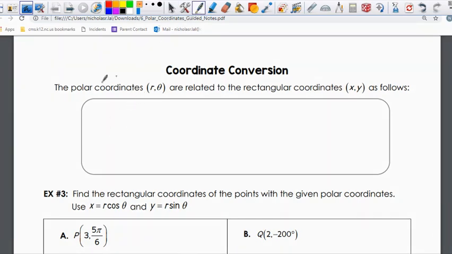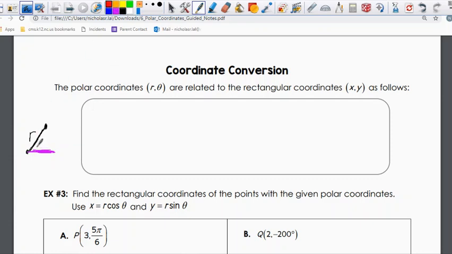We can derive this. You have a polar coordinate with a distance of r from the origin and an angle of theta from facing the positive x-axis, facing 0 degrees.